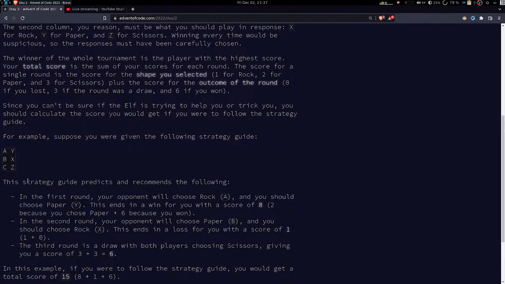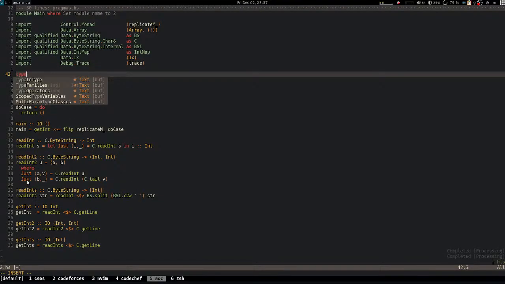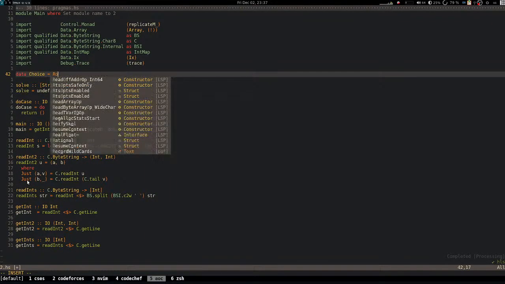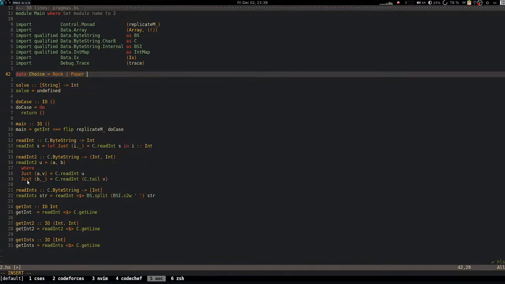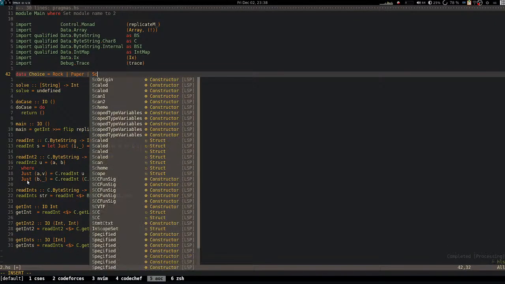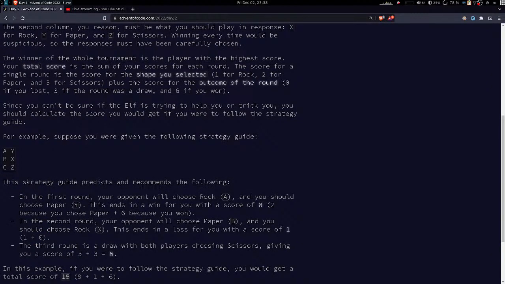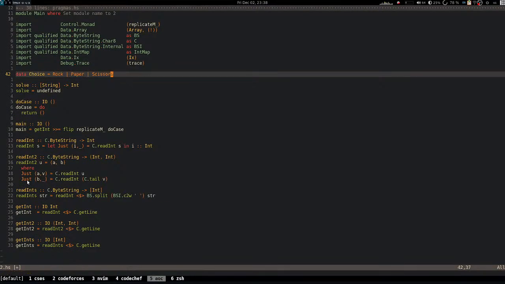It's rock, paper, scissors, so I have a choice. Data choice equals rock, paper, and I don't know the spelling of scissors. Okay, rock, paper, scissors. Now we have choice.